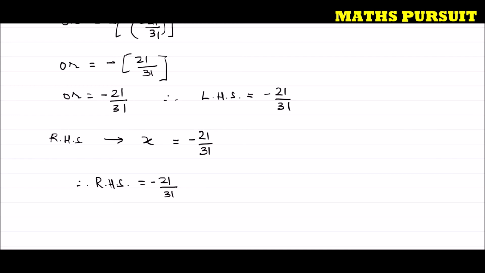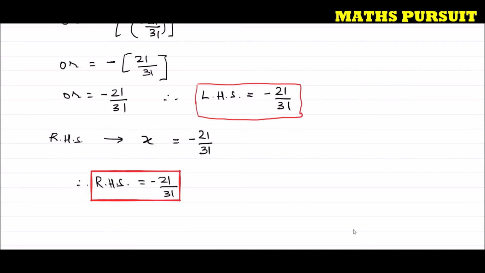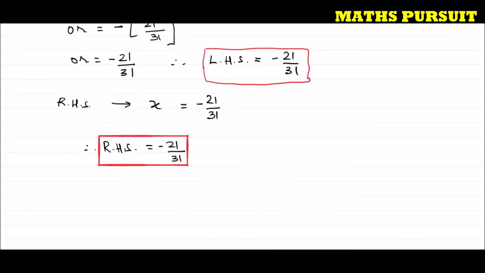Now if you look here, the left hand side of the equation is minus 21 upon 31, and the right hand side of the equation is minus 21 upon 31 as well. So we can easily write that the left hand side of the equation is equal to the right hand side of the equation.